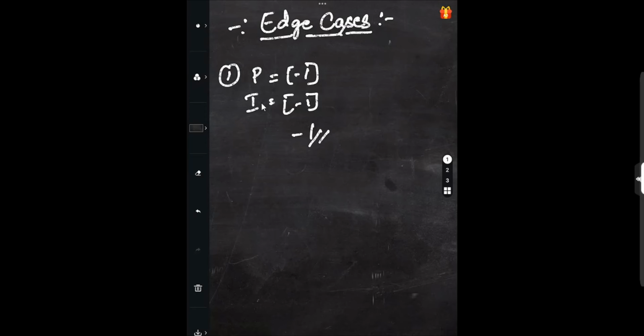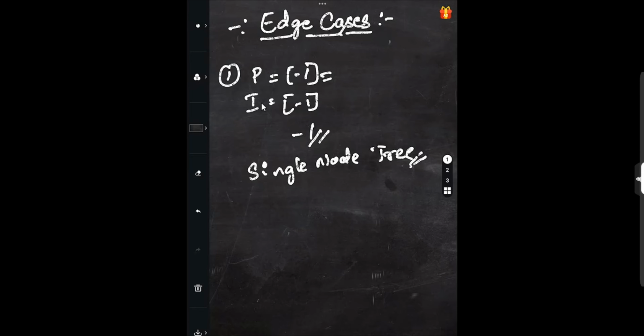The output will be -1 in this case. Why? Because the root in the preorder is -1, and the inorder is also -1, because we have only one node here. So the output will quite obviously be -1. Here we are not having any left or right children at all, right? This is for the condition single node tree.